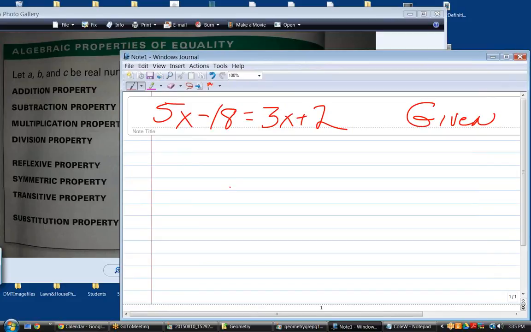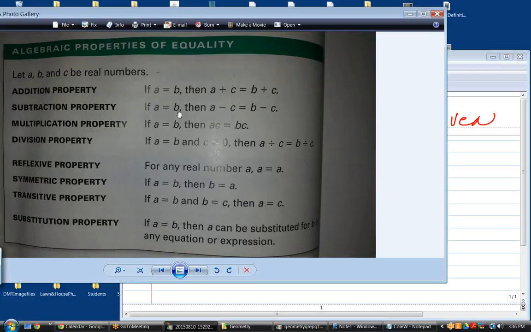Well, the first thing I can do is 2x minus 18 equals 2. And why can I do that? Well, that's the subtraction property of equalities. In other words, notice what the subtraction property says.